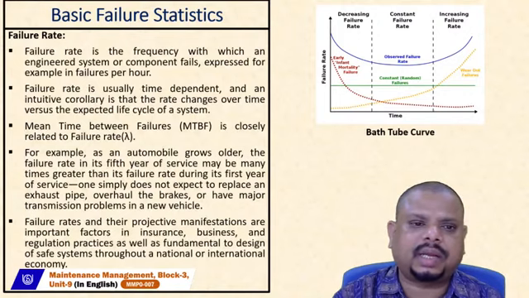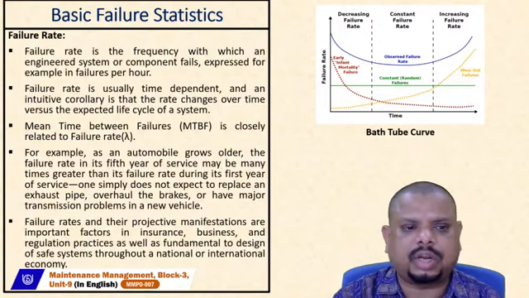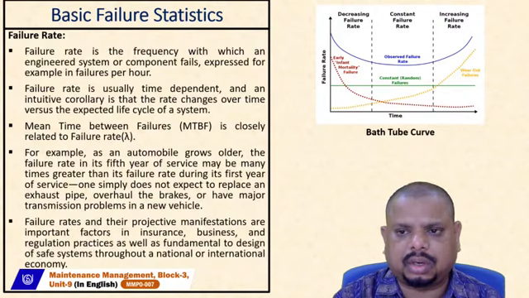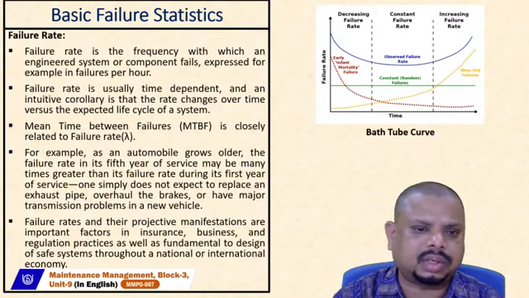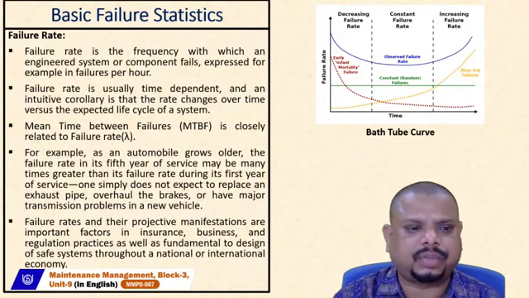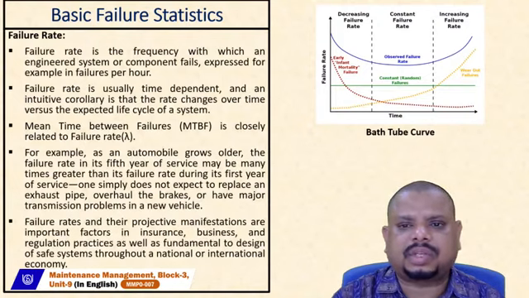The failure rate is usually time dependent, and intuitively the rate changes over the expected life cycle of the system. So whenever failure occurs in a time dependent manner, it changes the expected life of the system.